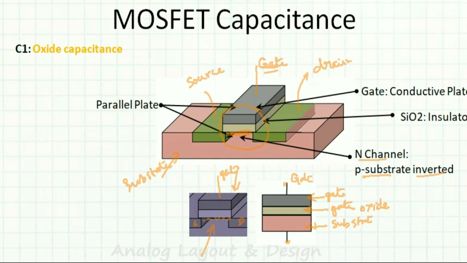If this has some charges like this, and that has some charges like this, and in between I have an insulator, it resembles a capacitor. That is my oxide capacitance. This oxide capacitance does not always stay the same. Based on the gate voltage, it will change. How will it change? We'll look into that.